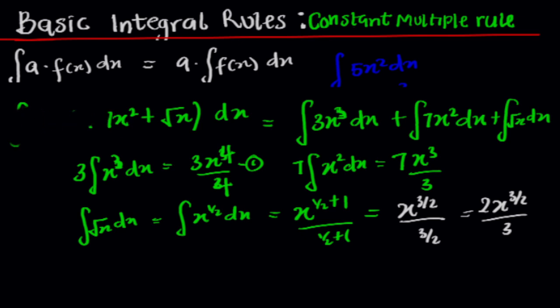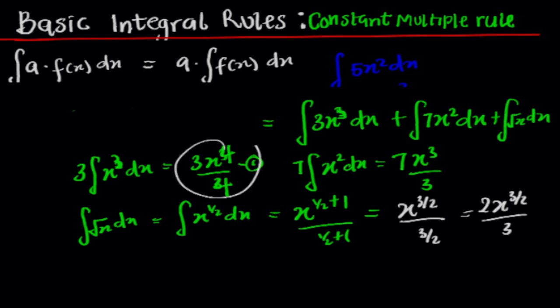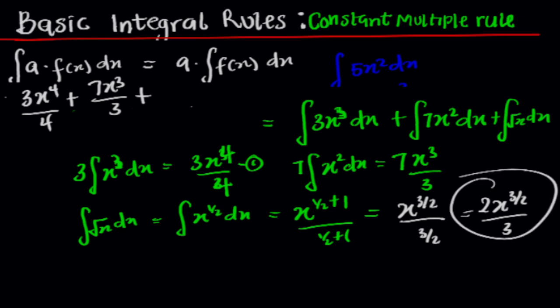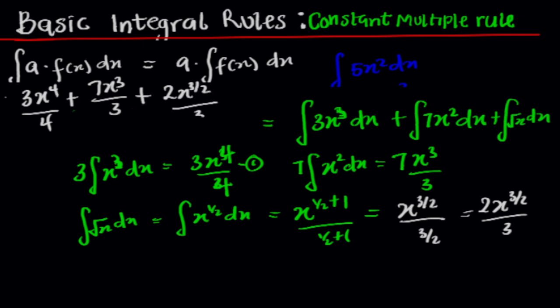The first one is 3x^4 divided by 4, and the second one is plus 7x^3 divided by 3, followed by plus the third one, which is 2x^(3/2) divided by 3. That's what I have. Then I'm going to put plus c.